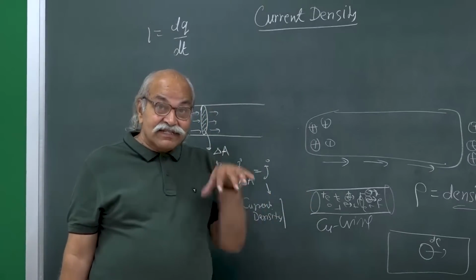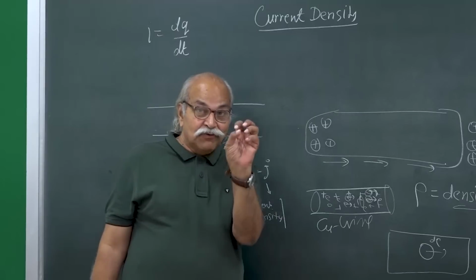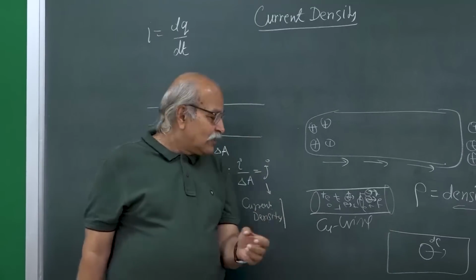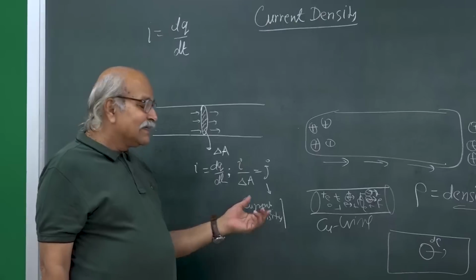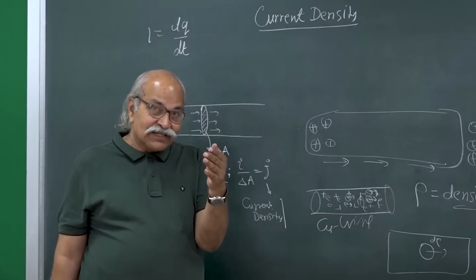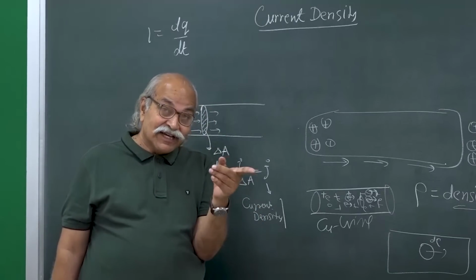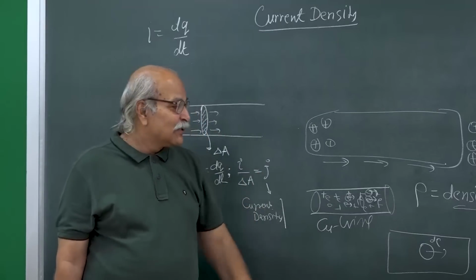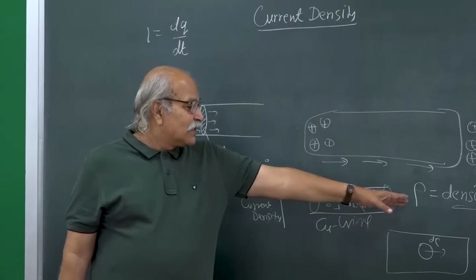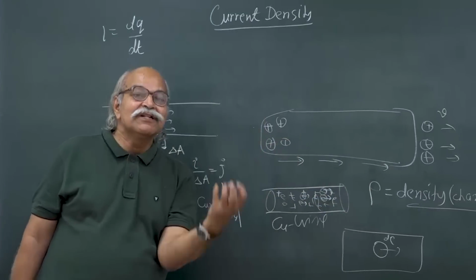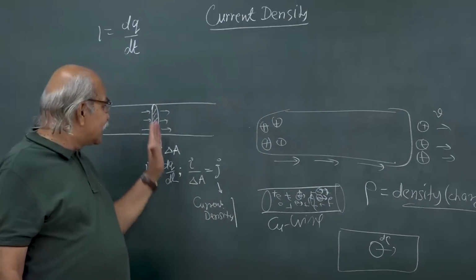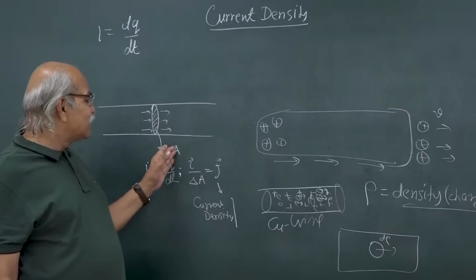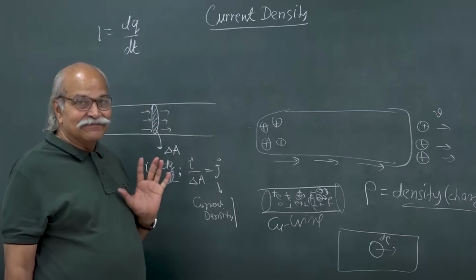When we say charge density, we talk of a volume, how much charge is contained in this volume. When I talk of current density, then how much charge is crossing per unit time, per unit area of the cross section. Here it is how much charge is contained per unit volume. Here it is how much current is crossing per unit area. So current crossing divided by this delta A, that is J.